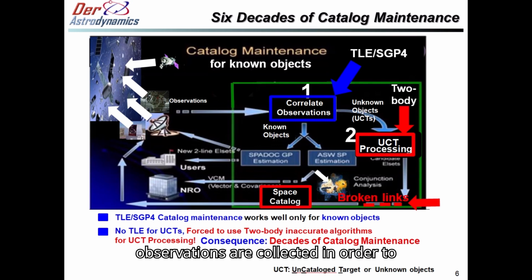Also, dense observations are collected in order to minimize errors due to two-body orbit propagation in UCT processing. Therefore, the use of HB4 is primarily for correlate observations. The consequence is decades of catalog maintenance and inefficient, time-consuming catalog building, as indicated by the red broken links.